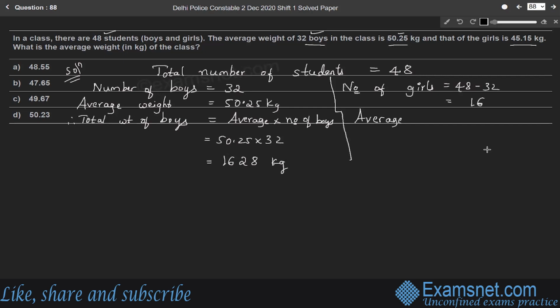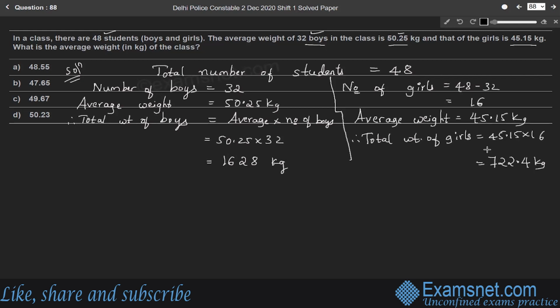Average weight is equal to 45.15 kgs. Therefore, total weight of girls is equal to average into number of girls, 45.15 into 16, which is 722.4 kgs.